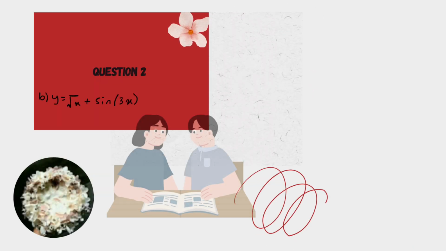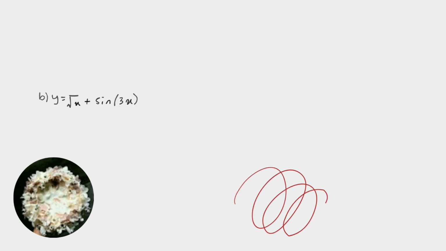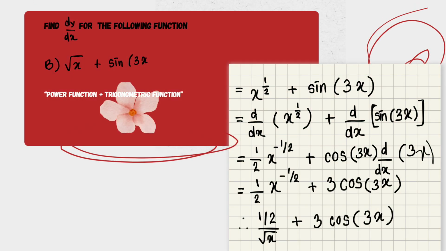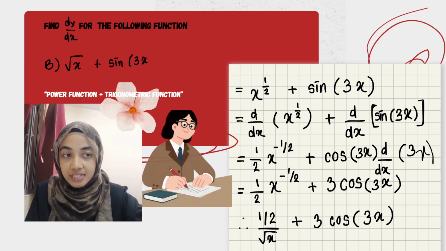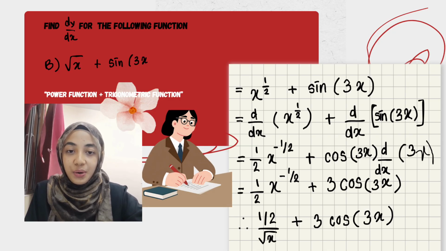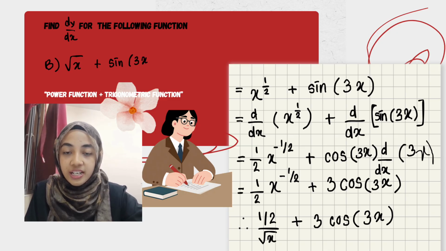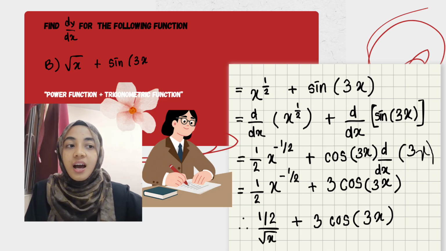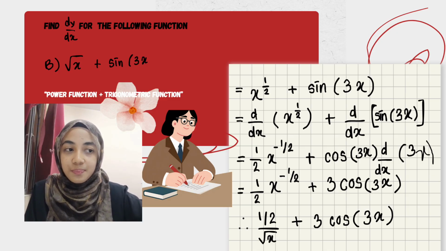Right now, let's move into question number 2b. So, for question B, we need to first change the square root of x into x to the power of 1 over 2. Then, we can solve it by differentiating both sides. At first, we differentiate x to the power of 1 over 2, and we get 1 over 2 x to the power of negative 1 over 2, plus cos 3x multiplied by 3 as the differentiation of sin 3x.